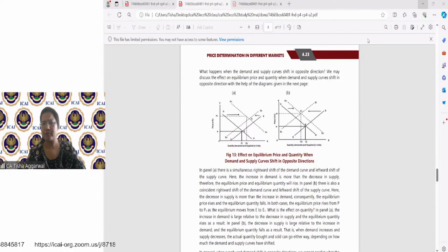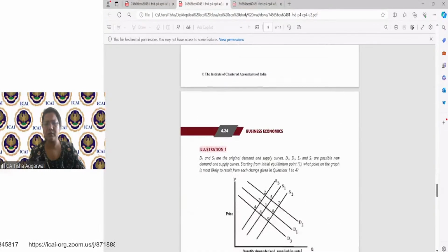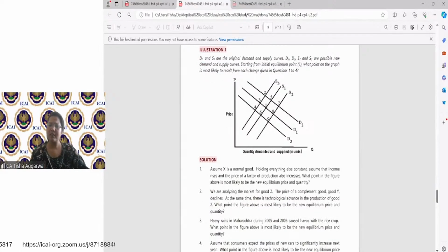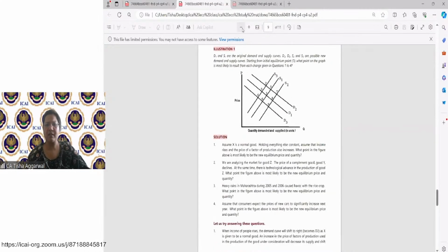Okay, we will proceed further. We'll do this one illustration. Would you like to solve? Try it. I would request all of you to try this. And then I will solve it for you. Try this illustration one. D1, S1 are the original demand and supply curves.